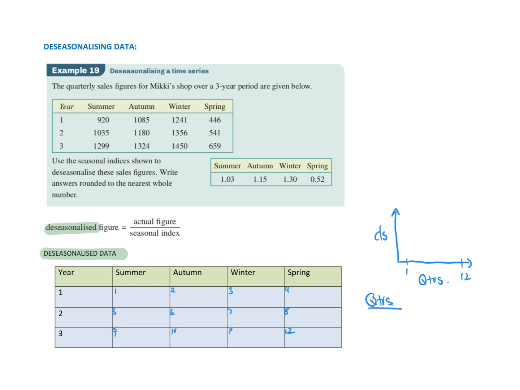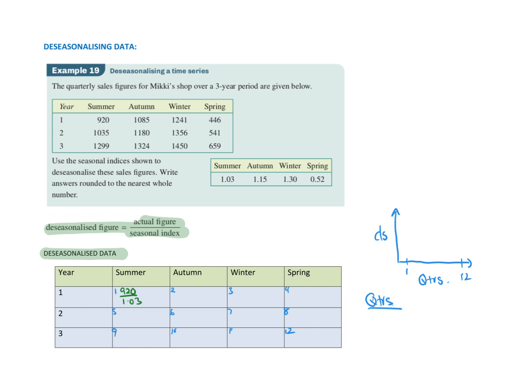But obviously, we need to deseasonalize the values first. And we've put the formula there to remind us. So if we look at, I'm going to do it in green. So summer's deseasonalized value, it actually had 920 sales in summer, but I've got to divide it by its seasonal index to get the deseasonalized value.